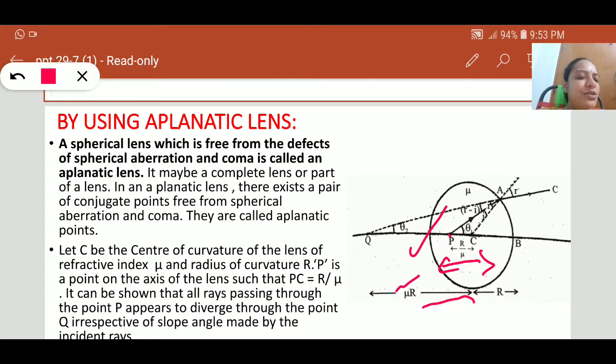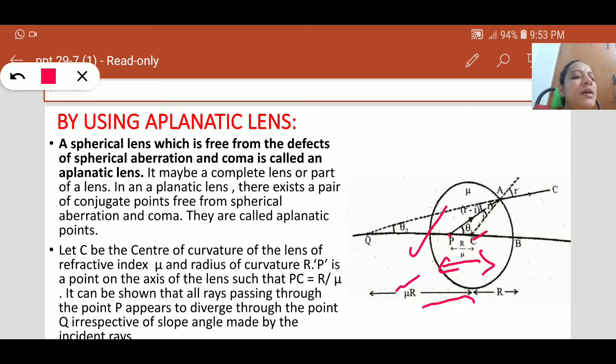So let us show that. The image distance must be mu r. For this purpose, C is the center of curvature of the lens, and mu is the refractive index.